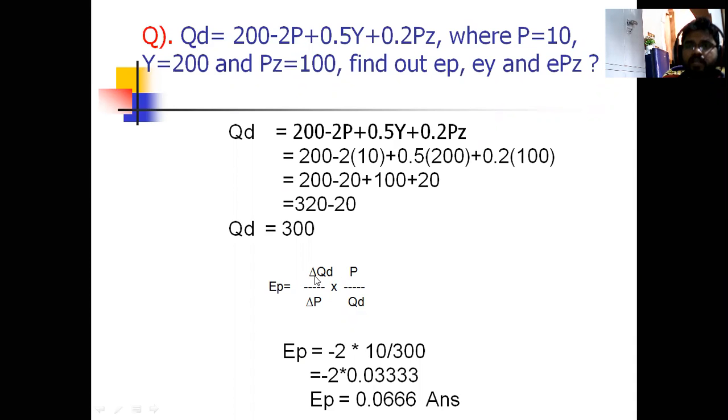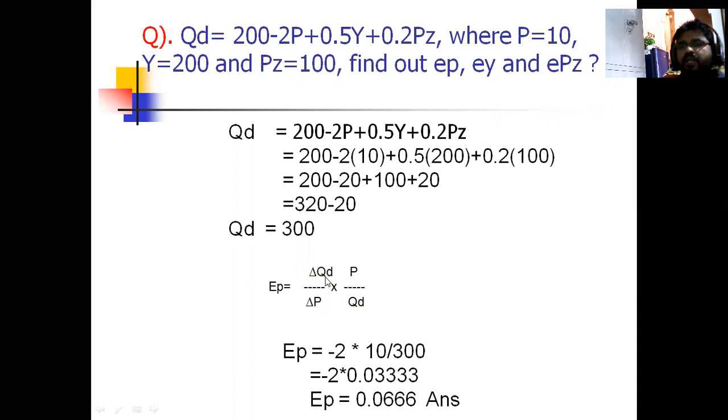So Y is delta Y by delta X, and X by Y is P by QD. That's why I wrote here delta QD by delta P into P by QD.